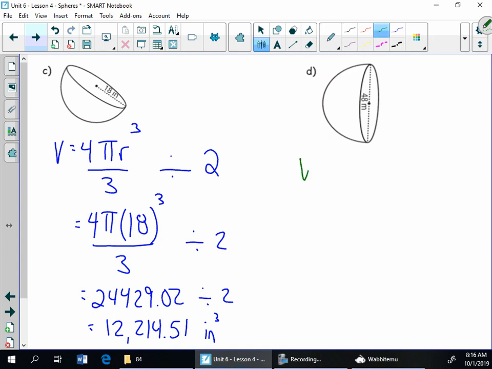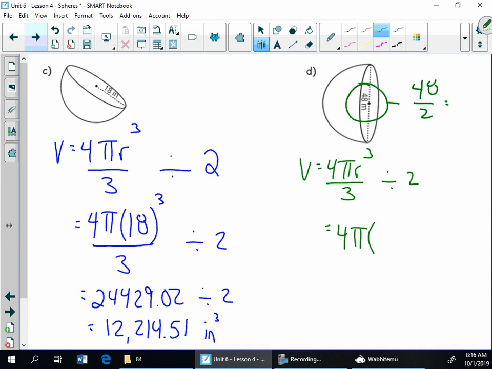So volume 4 pi r cubed. I keep writing the formula to remind myself what it is every time. I've got half a sphere, so I'm going to divide by 2. My radius. Oh, they didn't give me the radius, they gave me diameter again, all the way across. So I've got to divide by 2 to get the radius. Make sure we're always dealing with radius. Uh-oh, I got big numbers again. 24 cubed.